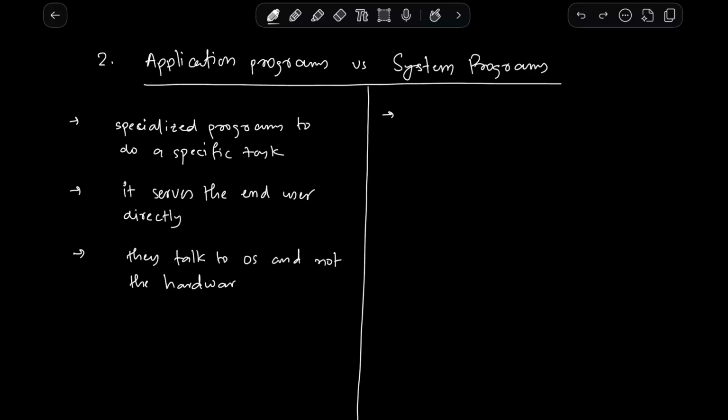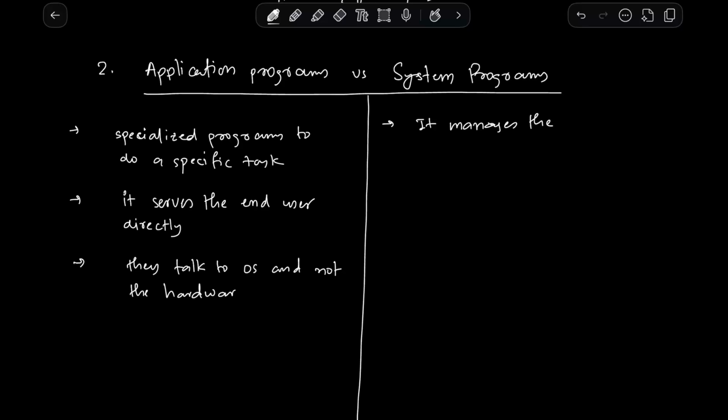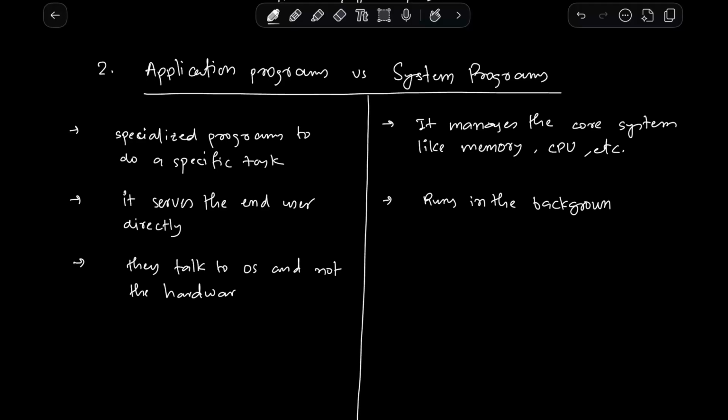So if we want to summarize it, we could say that it manages the core system, the computer itself, like memory, CPU, etc. And also they actually run in the background continuously, and they won't require end user interaction. Third one, we could say that it talks to the kernel.